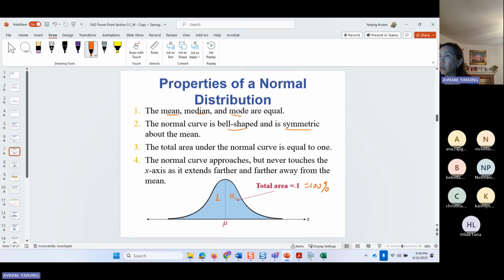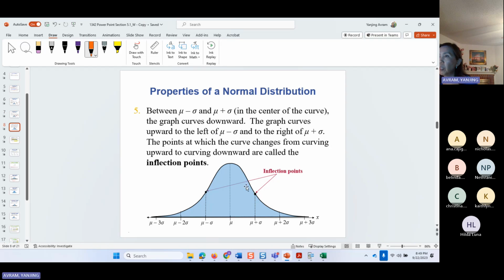Okay, 100% and 1 is the same thing. All right, so that is this one. The total area under the normal curve is equal to 1. This normal curve will never touch the x-axis, and you can extend it further and further down. Okay, so we're going to make friends with this bell curve because we're going to use it a lot for this chapter and the next chapter.